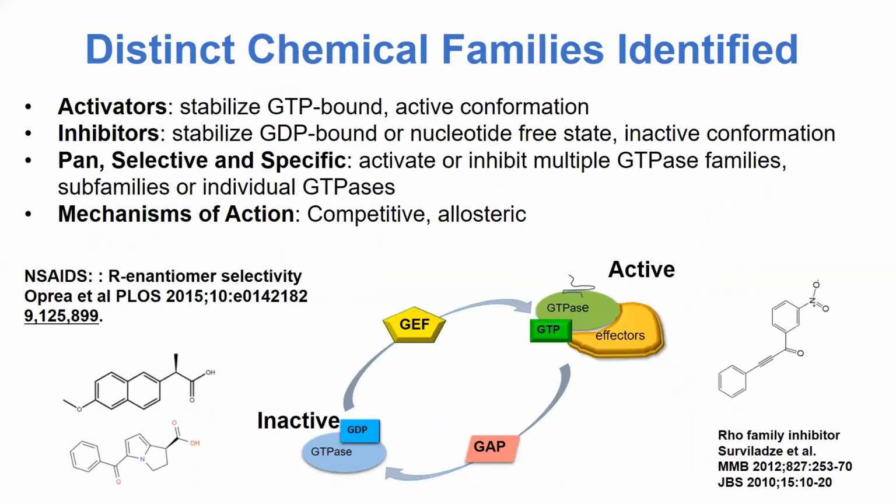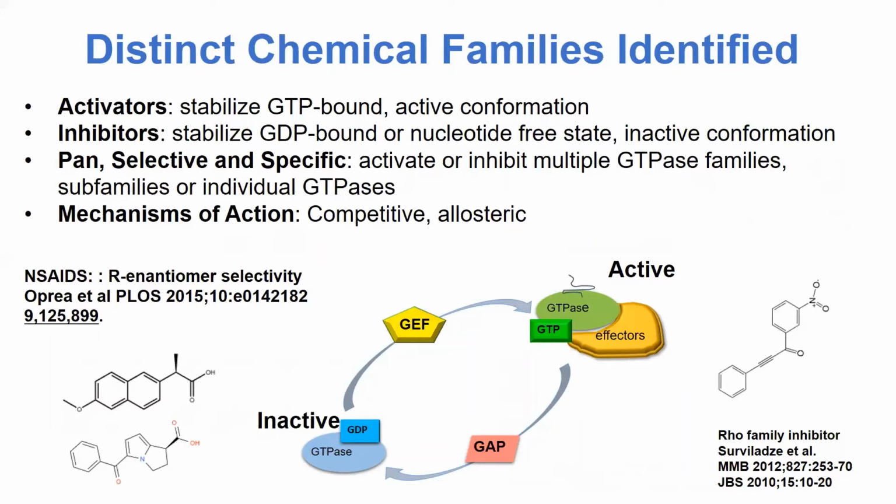We have identified several distinct small molecule regulators for several GTPase classes. The activators stabilize GTP-bound or active GTPase conformations. The inhibitors can, in principle, stabilize GTP-bound or the nucleotide-free GTPase state in the inactive conformation.